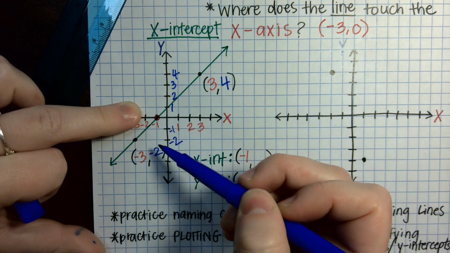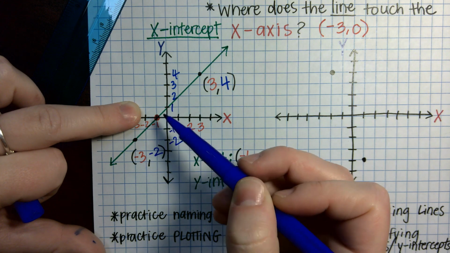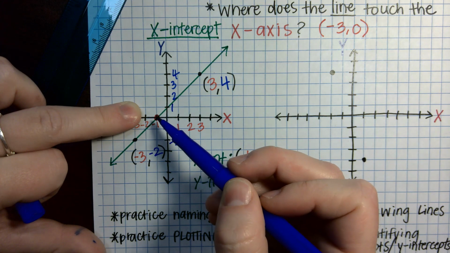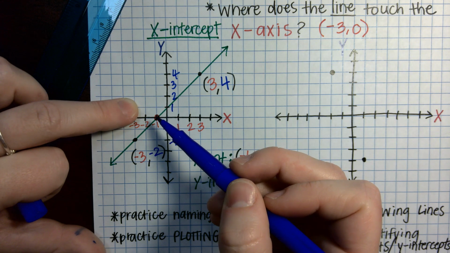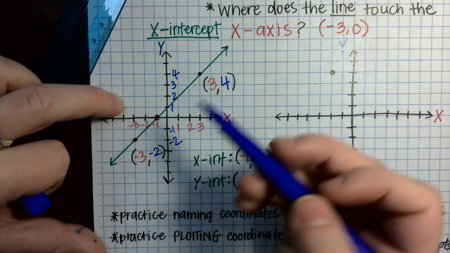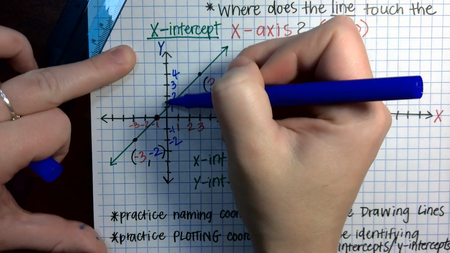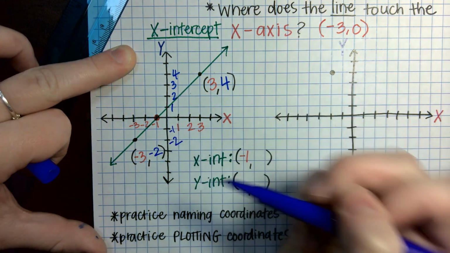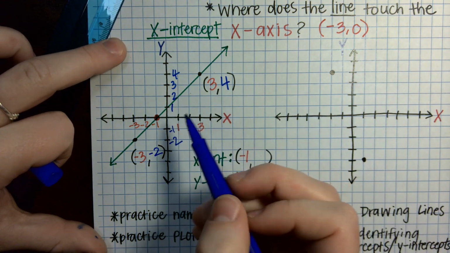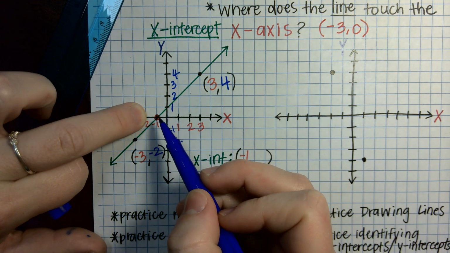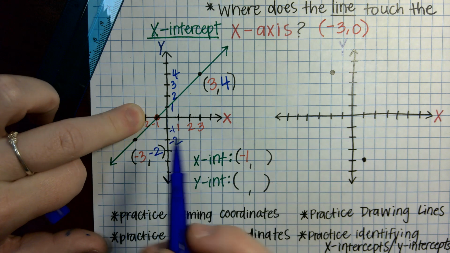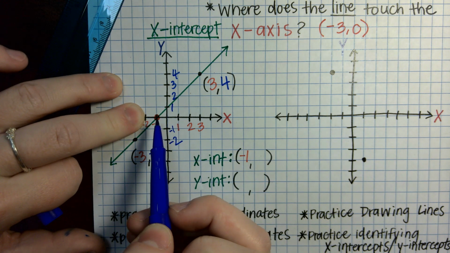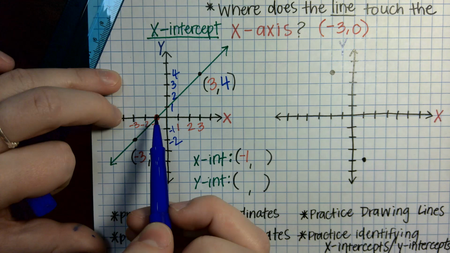It goes down to -4? Where is this red point right here? Where is it touching the y-axis? Where does it line up with the y-axis? Remember, this is where it goes up and down. +1. Just this point, not the line. We're looking at this red point right here, the x-intercept.